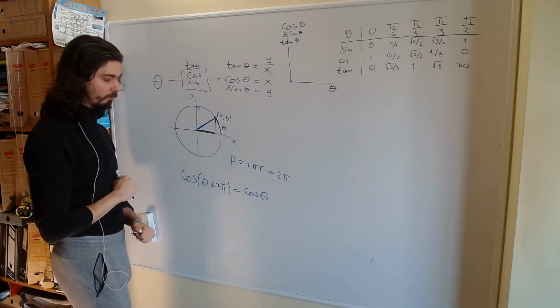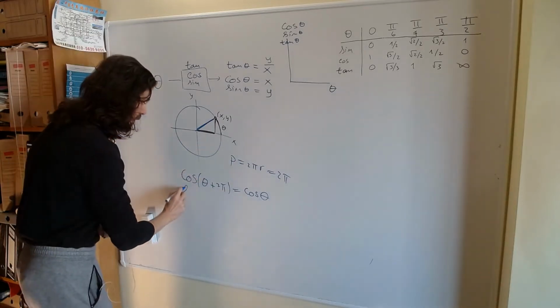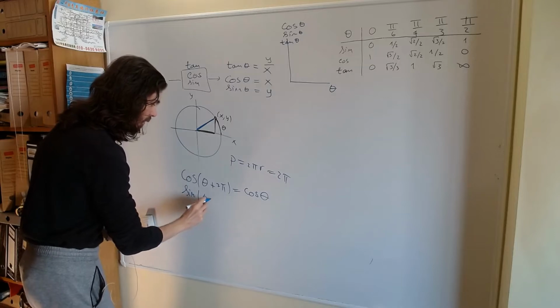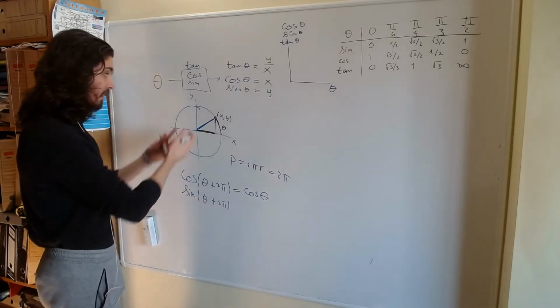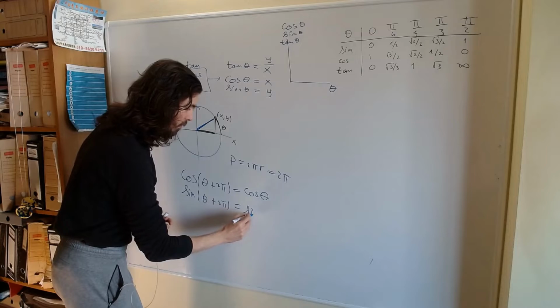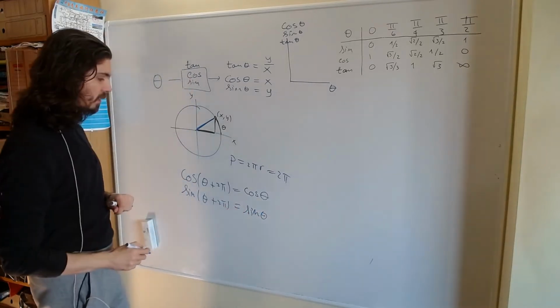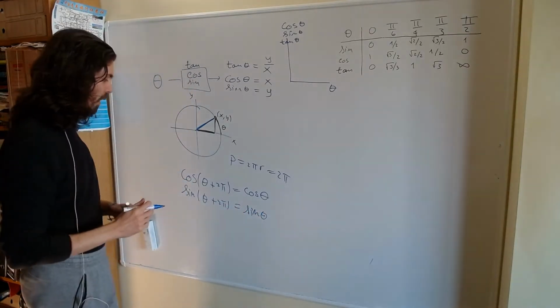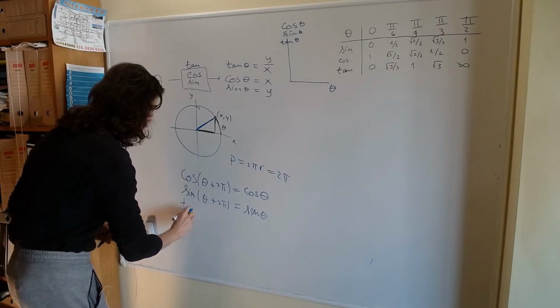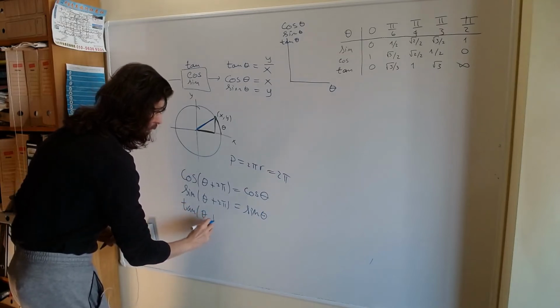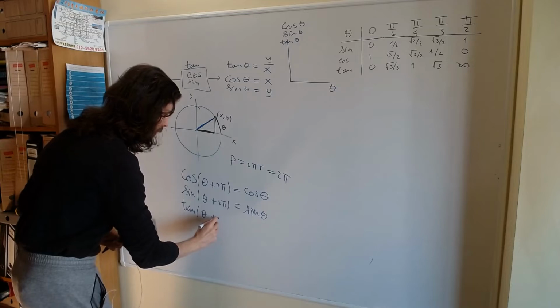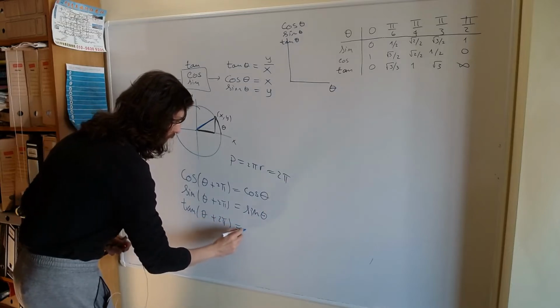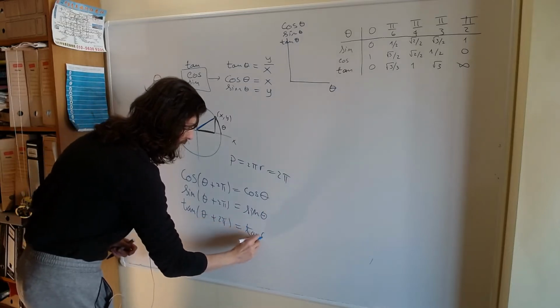Okay? The same thing with the sine. The sine of theta plus 2 pi is what? Is the same thing. Why? Right? Because the point is the same, so the coordinates must be the same. What about the tangent? The tangent is also the same thing, because the slope is the same, the point is the same. So it's the tangent of theta.